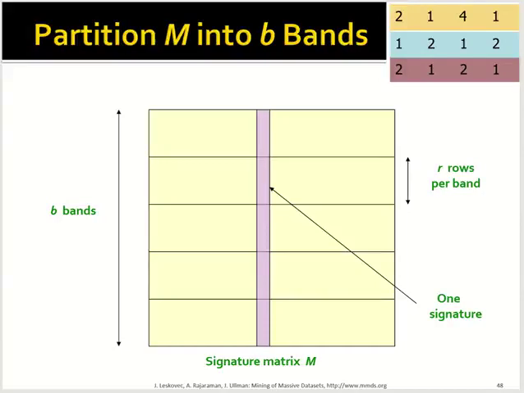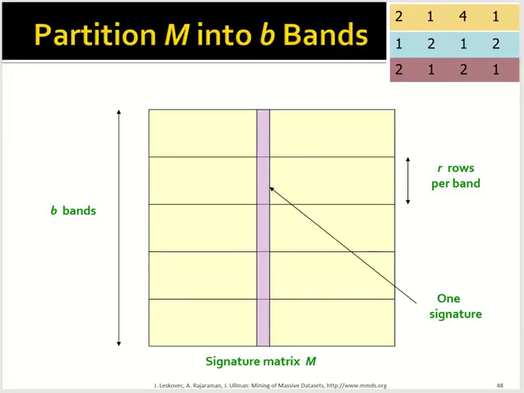In order to reduce the computation cost, we partition the matrix into B bands, and each band consists of R rows.